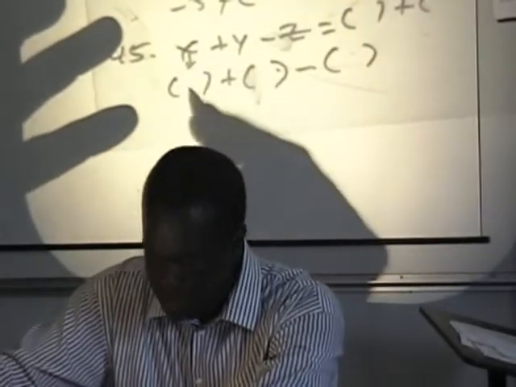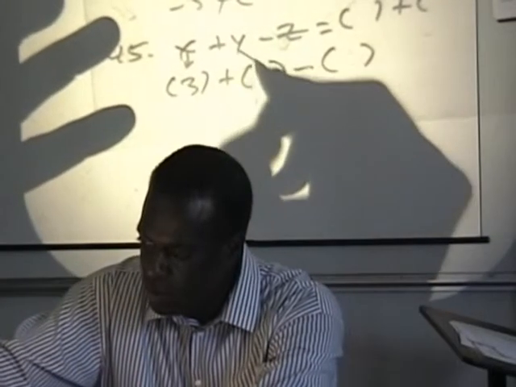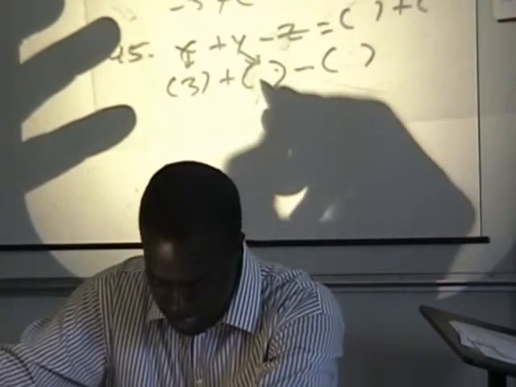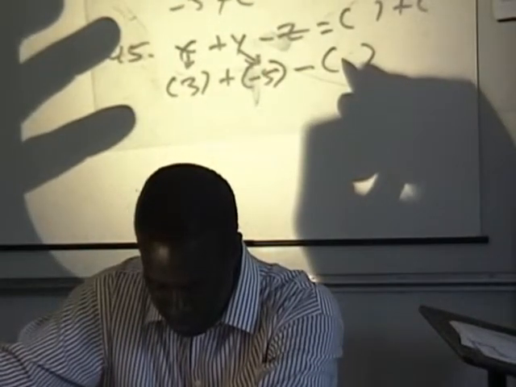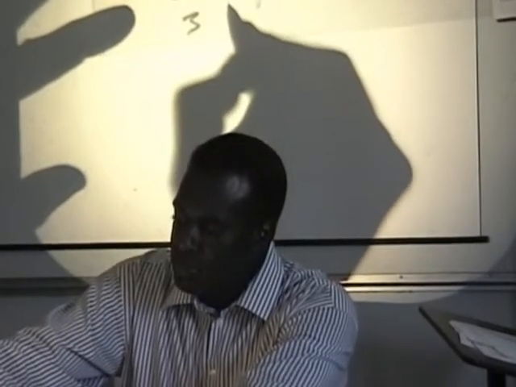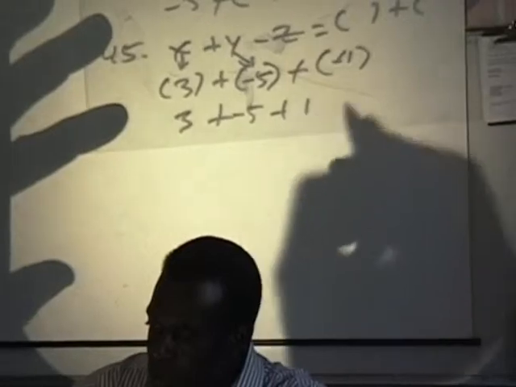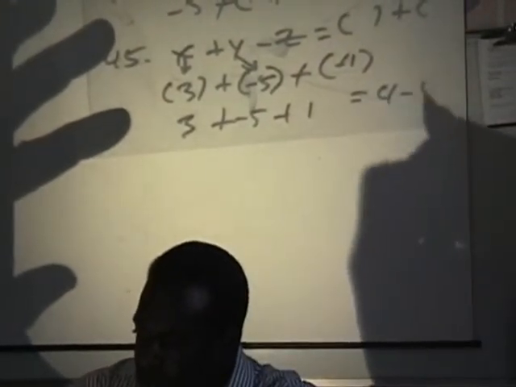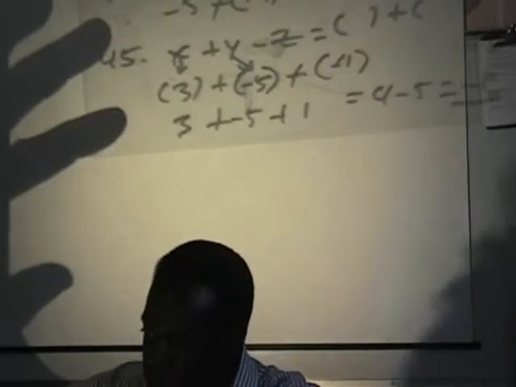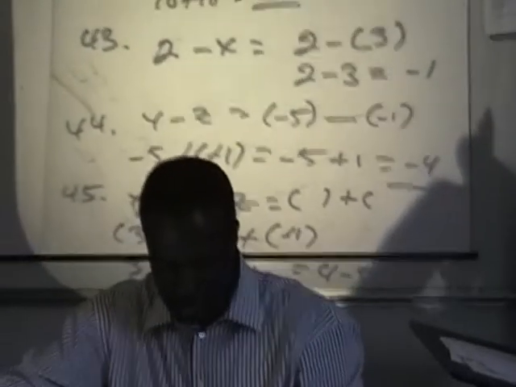What goes in here for the x? The x is 3. What goes in here for the y? The y is negative 5. And what do we replace for the z here? The z is negative 1. Okay, so that gives you 3 plus negative 5 plus 1. 3 plus 1 is 4. 4 minus 5 is negative 1. And we're done.